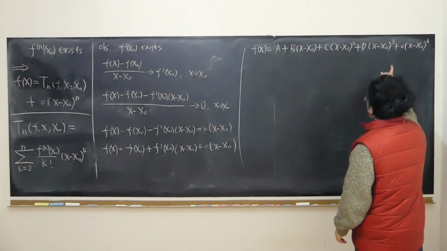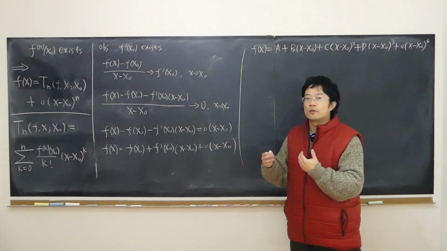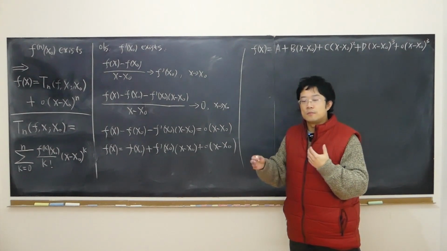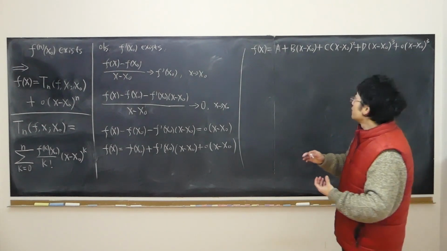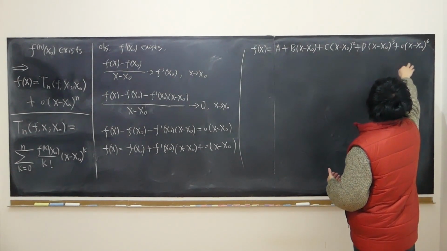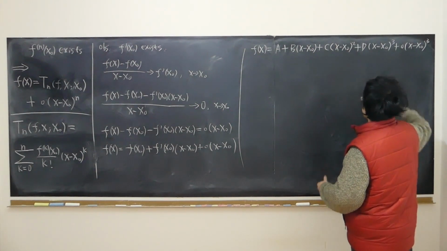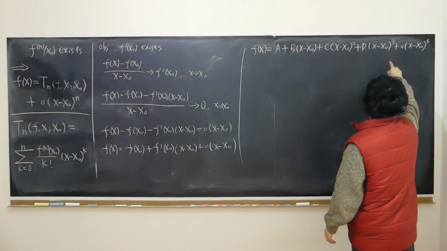So that means the higher degree we can expand it, the better it's going to be, because the more precisely we can approximate our function with a little omicron of (x minus x naught) to the power of as high as possible, right? Because the higher the power is, the smaller this quantity is.